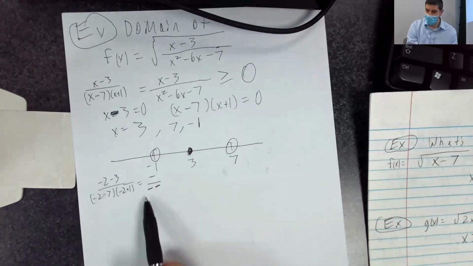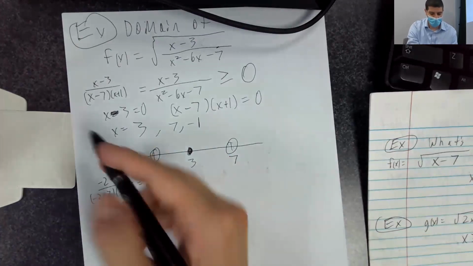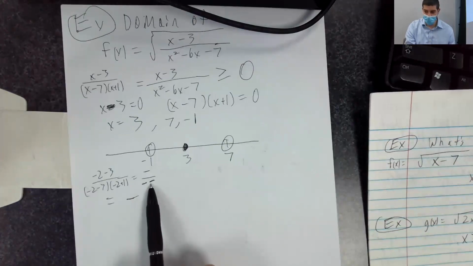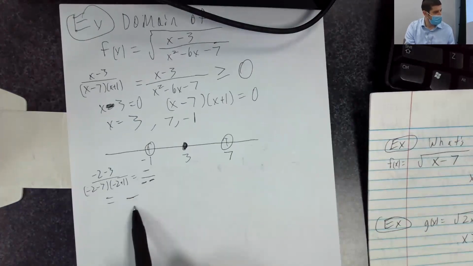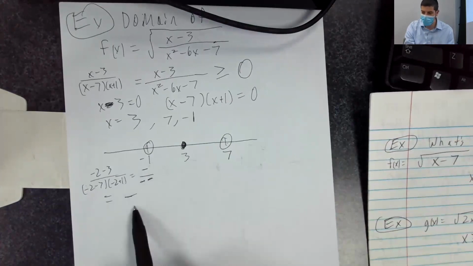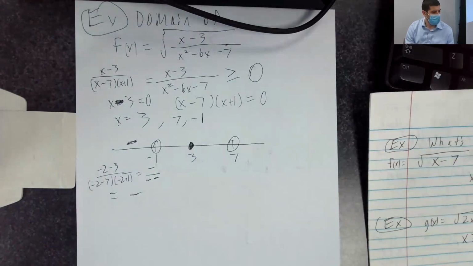So what's negative divided by negative? Well, the denominator, negative times negative is positive. So negative divided by positive is negative. Yeah, so odd number of negative signs. So the whole thing is negative, so I could put a minus there.